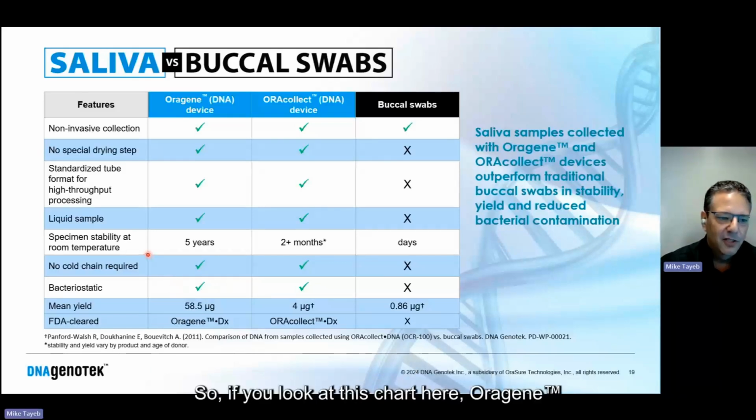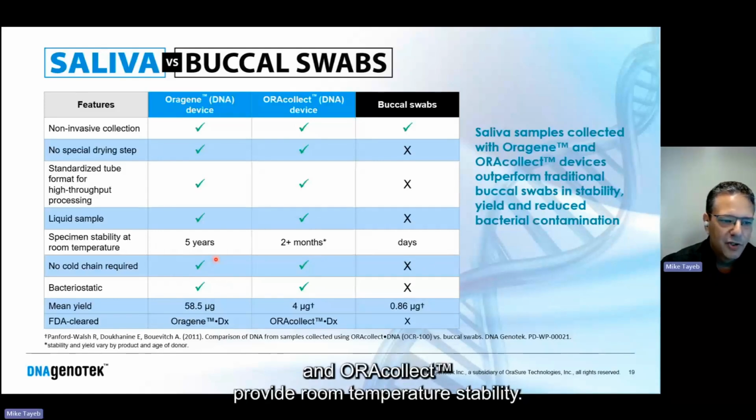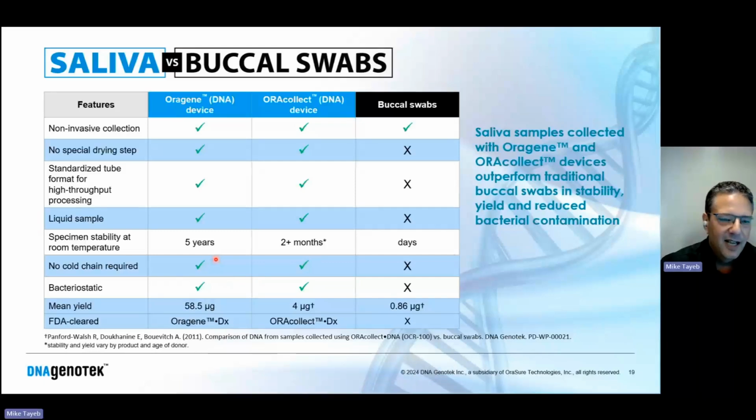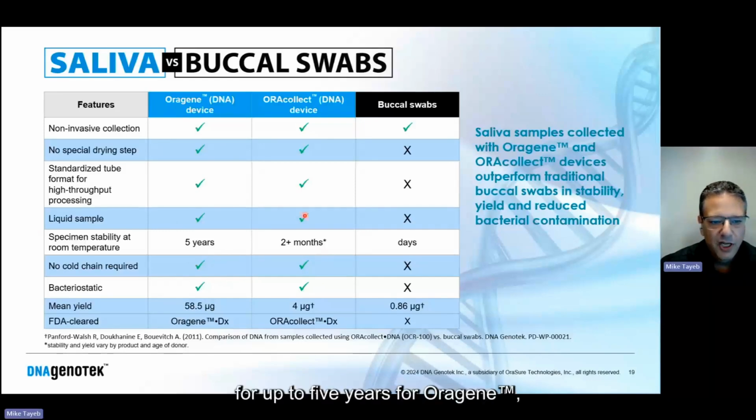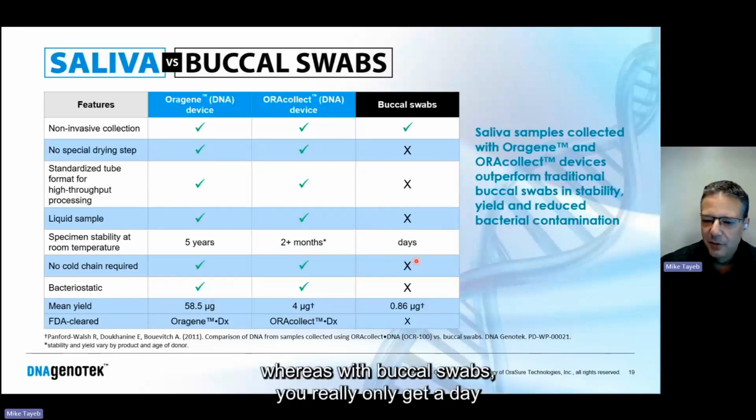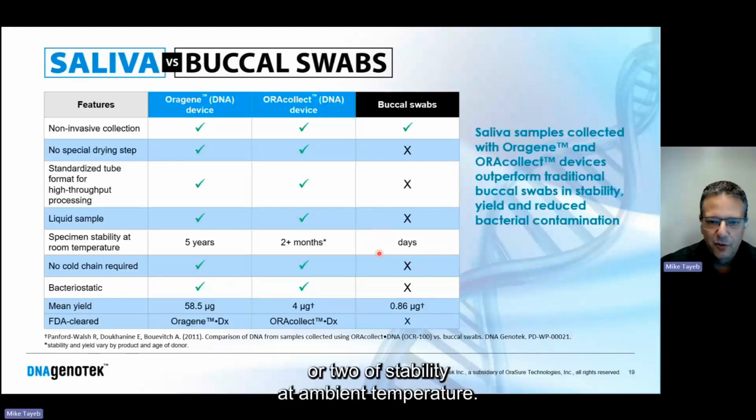So if you look at this chart here, Oragene and OraCollect provide room temperature stability at ambient temperature for up to 5 years for Oragene, for 2 or 3 months for OraCollect. Whereas with buccal swabs, you really only get a day or two of stability at ambient temperature.